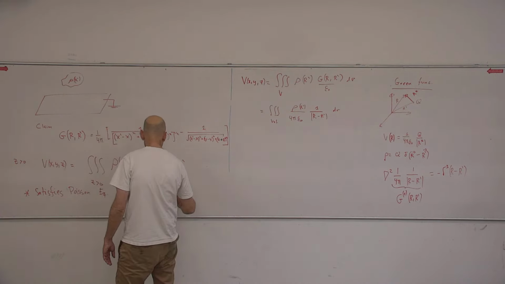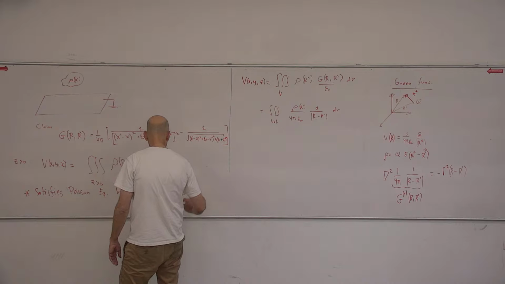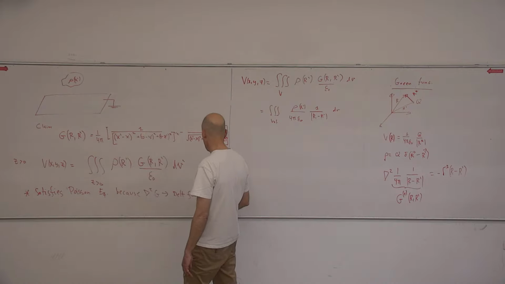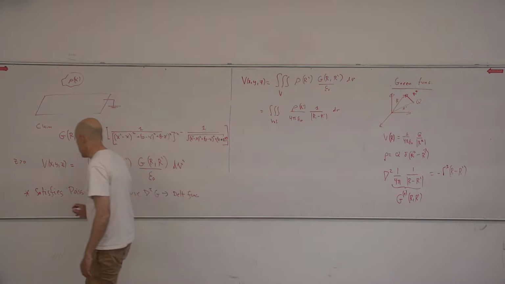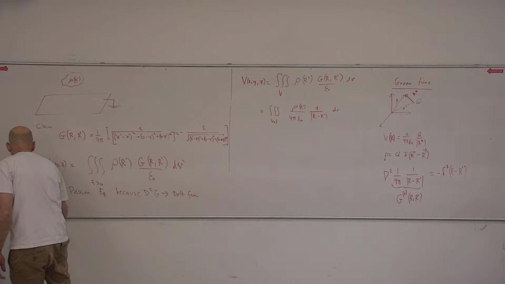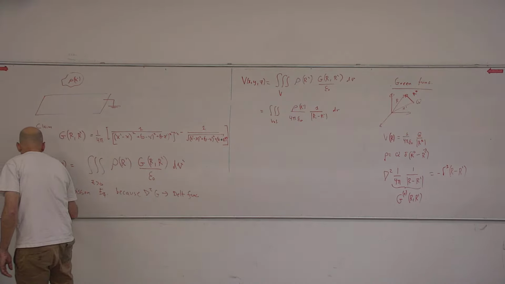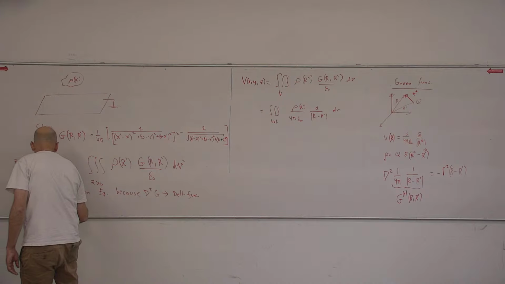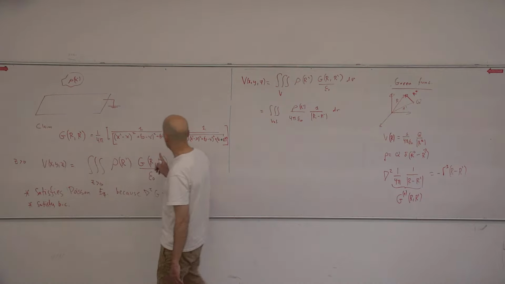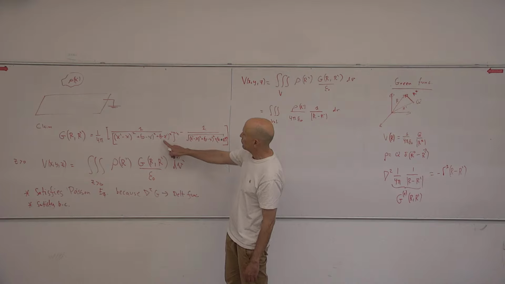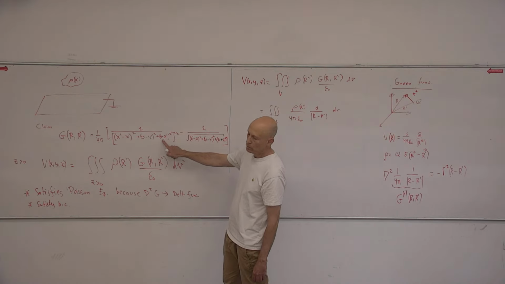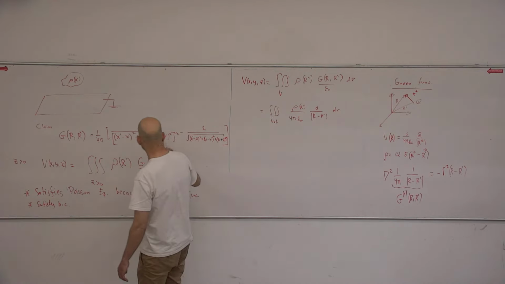Gives you the delta function. And it satisfies the boundary conditions. Why does it satisfy the boundary condition? This is very easy to understand because the boundary condition is on z equals 0.